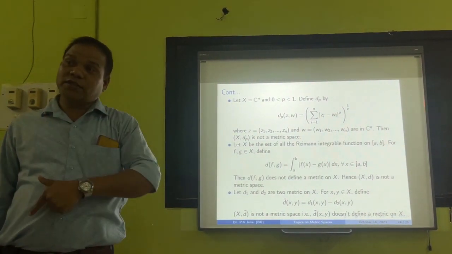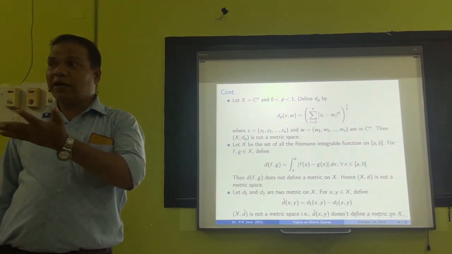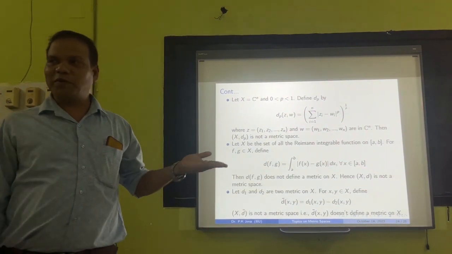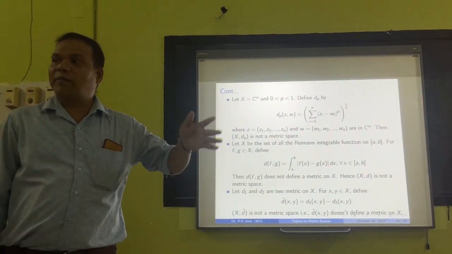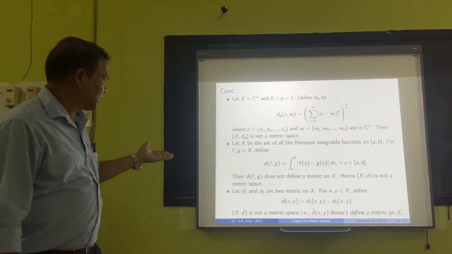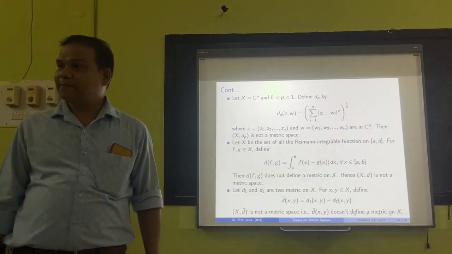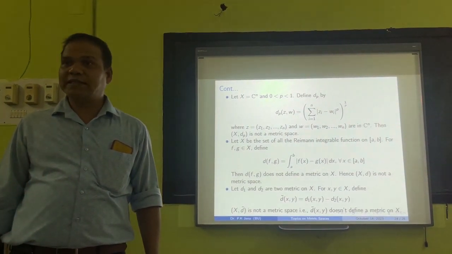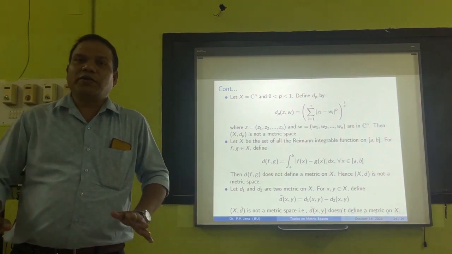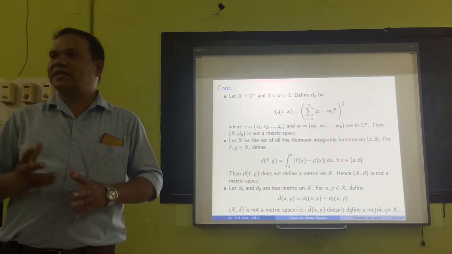What about D1 minus D2? It may not be a metric, because D1 minus D2 may not be greater than or equal to 0, it may be negative. So at least one of the properties is violated. So D1 minus D2 is not a metric on any non-empty set X, where D1 and D2 are metrics on X. With this we will wind up the discussion on the metric on any non-empty set.